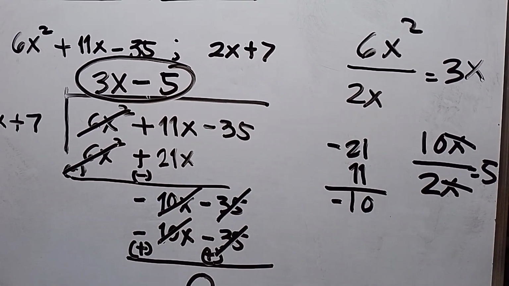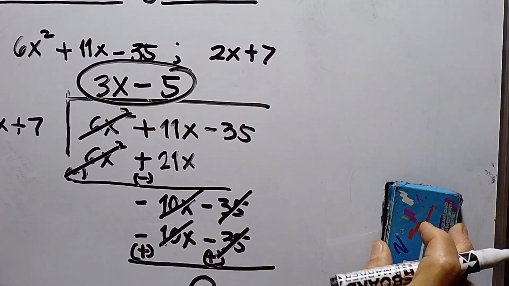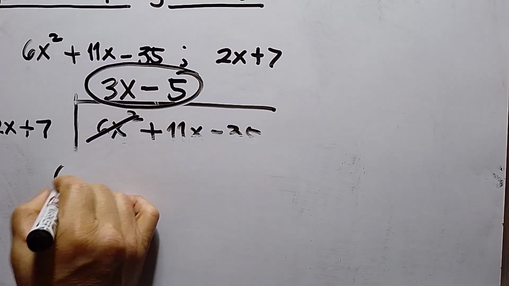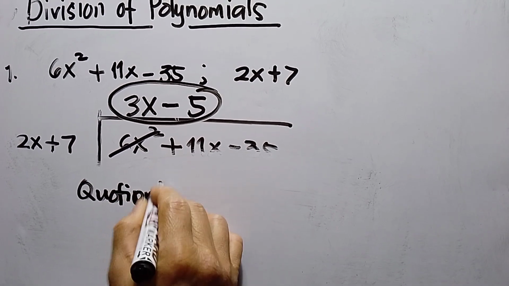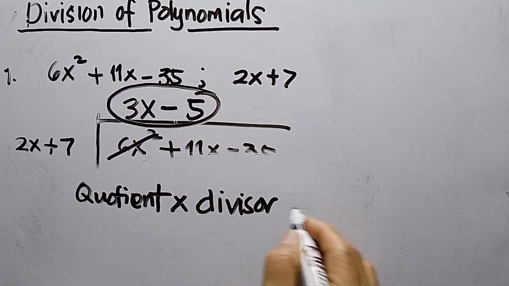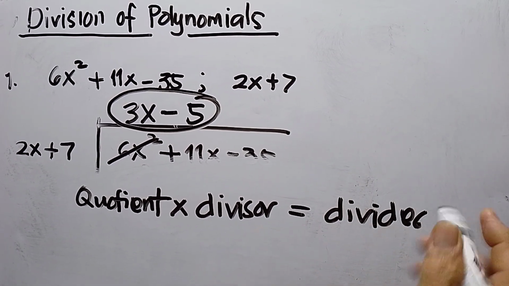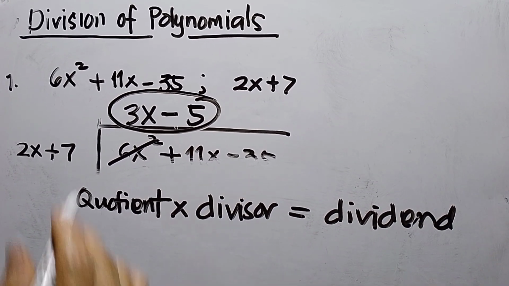Let us check if it will come up with the dividend. So the formula is quotient times the divisor is equal to dividend. So let us multiply this one.